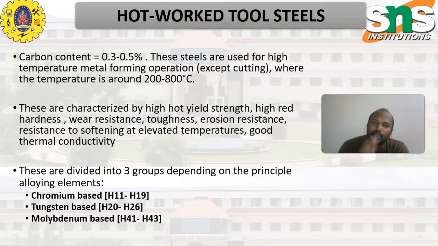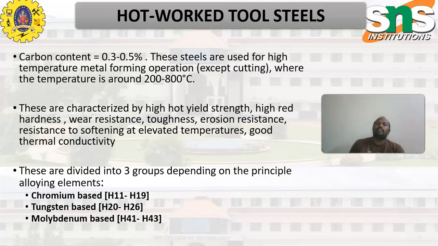This steel should have high hot hardness, wear resistance, toughness, and erosion resistance, because it is used at high temperature. It should also have good thermal conductivity so that it can dissipate more heat outside, and the tool depletion will be reduced.